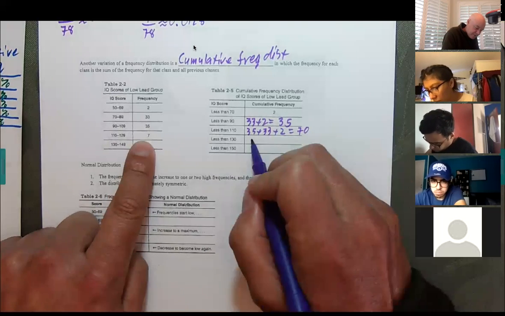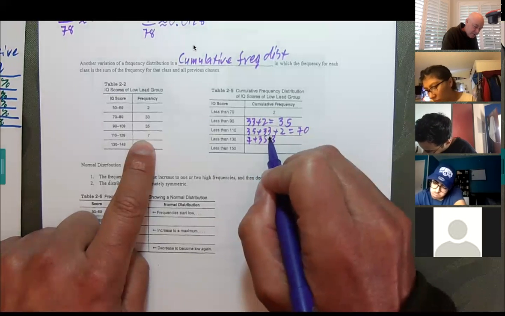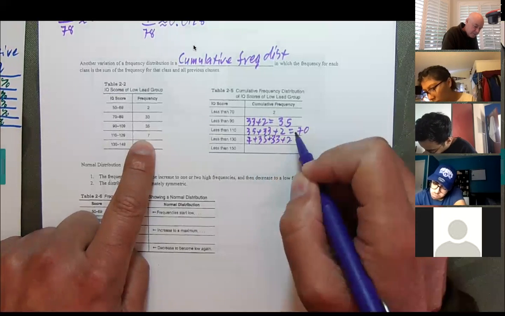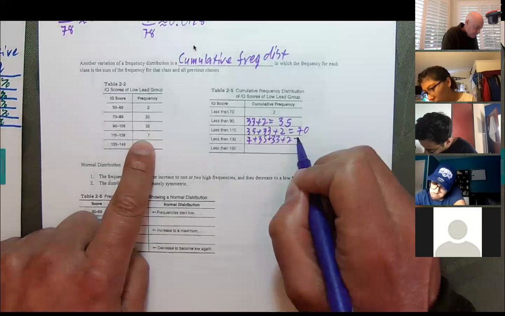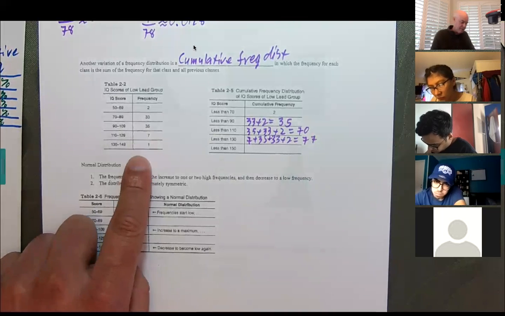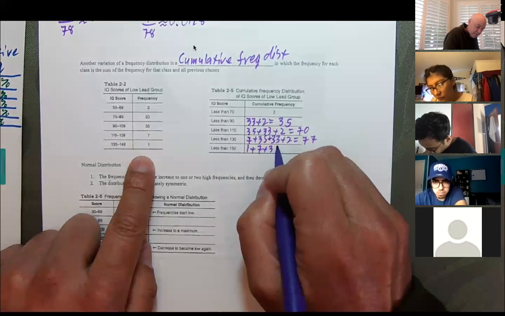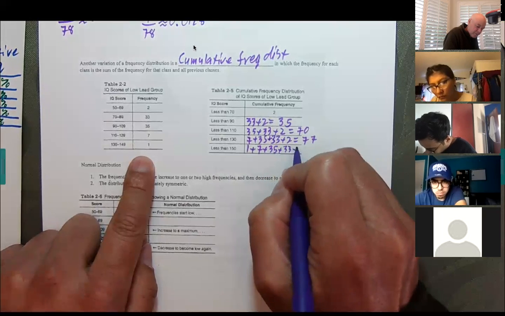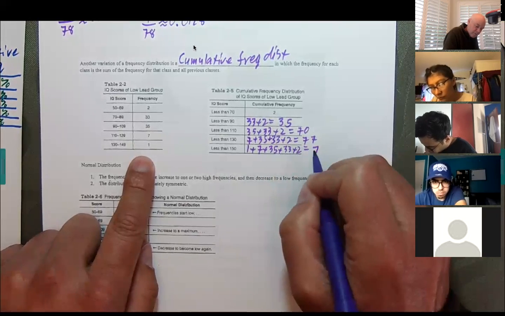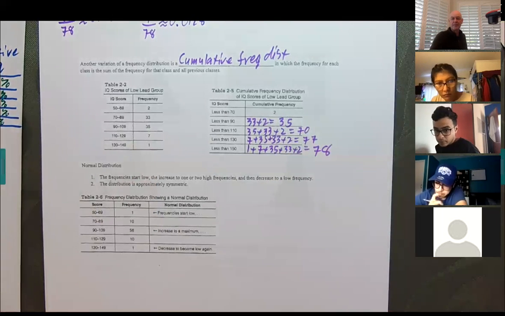Well, that's going to be 7 plus 35 plus 33 plus 2. And the last category should have all of the numbers of data.